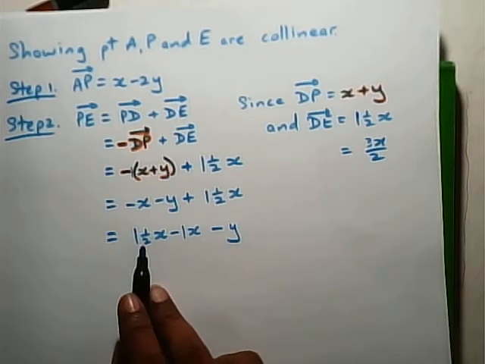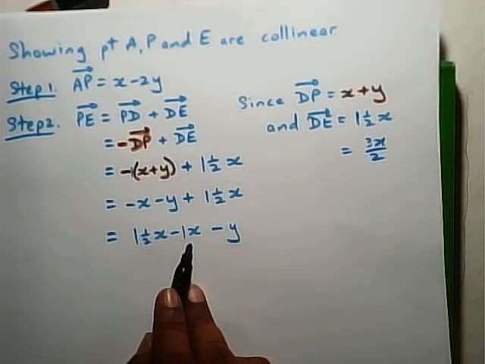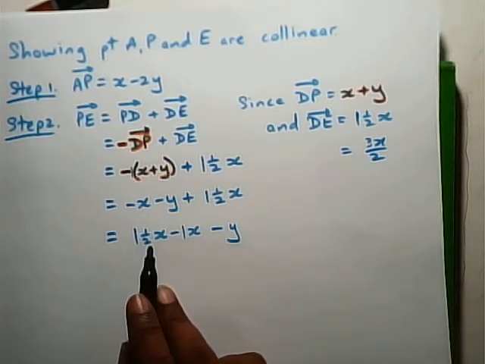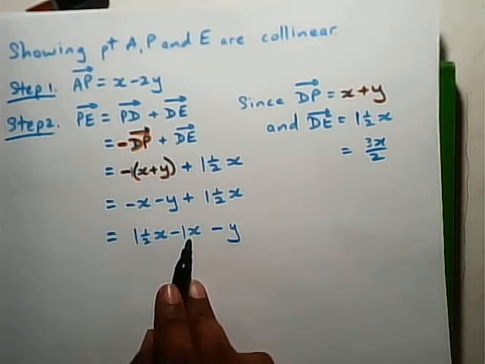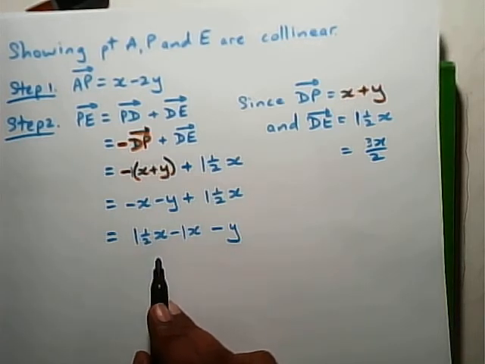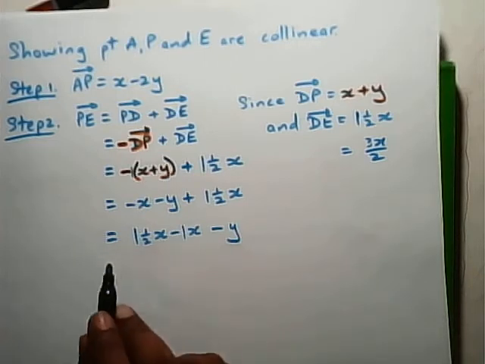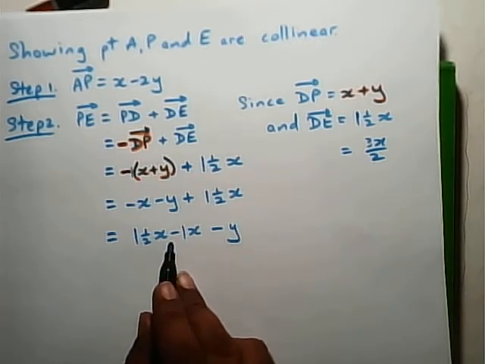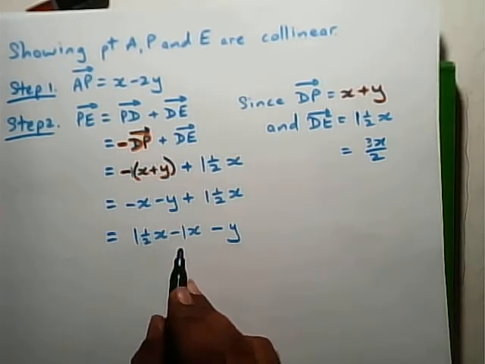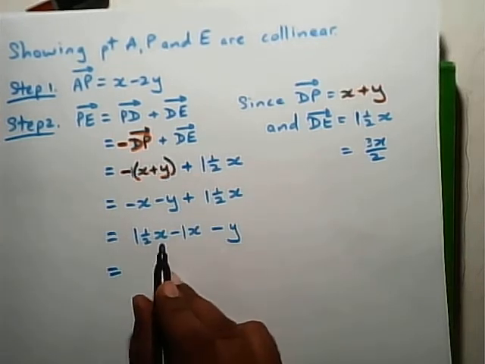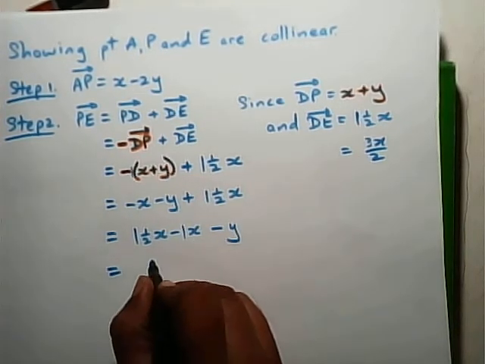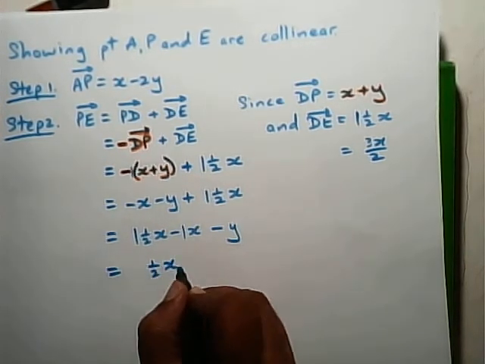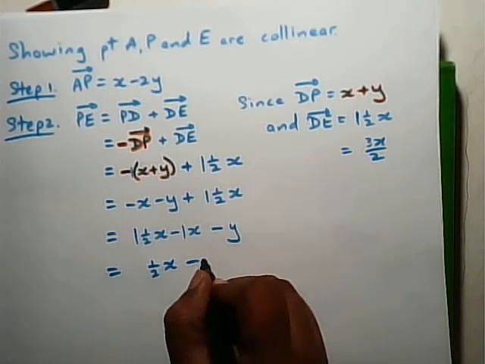What's 1.5 take away 1? Like $1.50 take away $1, you'll end up with just $0.50. So 1.5 take away 1 is half. We have half x and minus y.